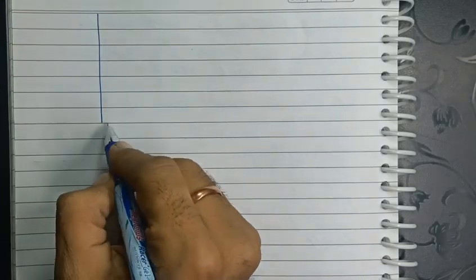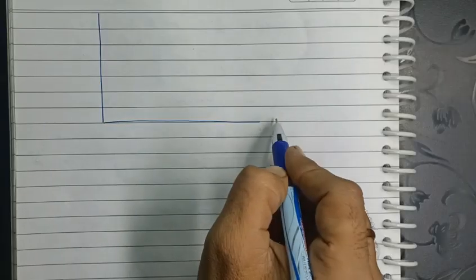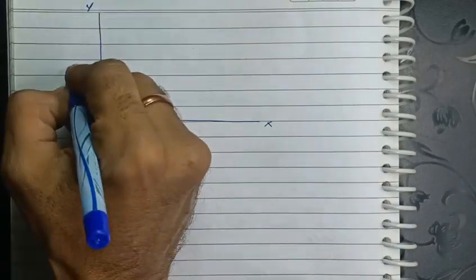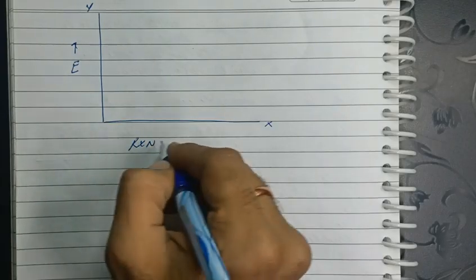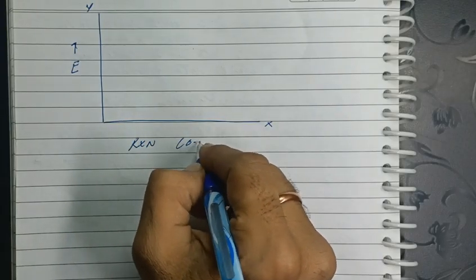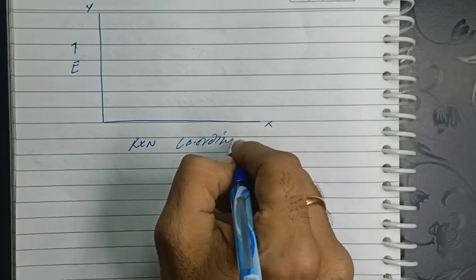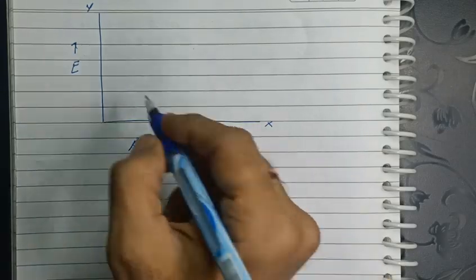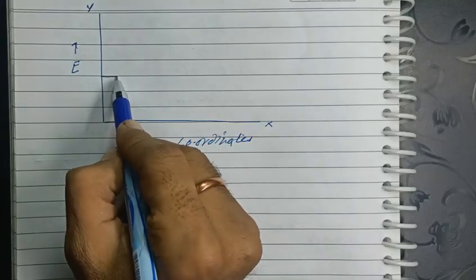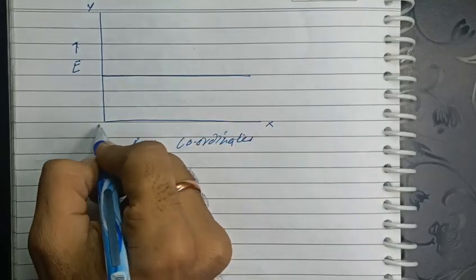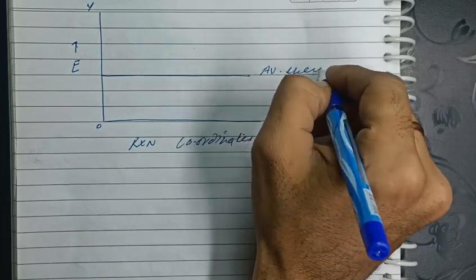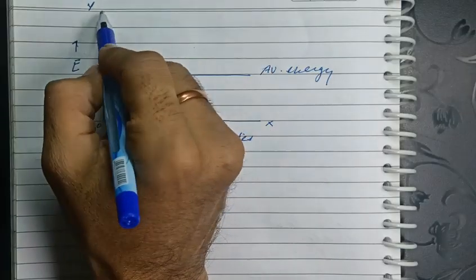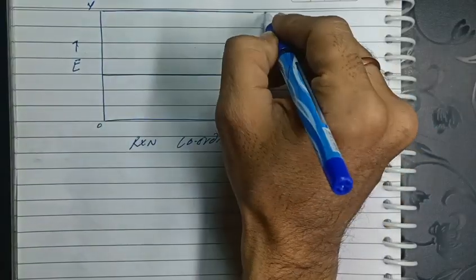If we plot the graph, x-axis, y-axis, this is scale of energy, and these are reaction coordinates. Reaction coordinates, reactant, intermediate, and product. The energy possessed by the reactant molecules is called average energy. And the energy required to form product is called threshold energy.